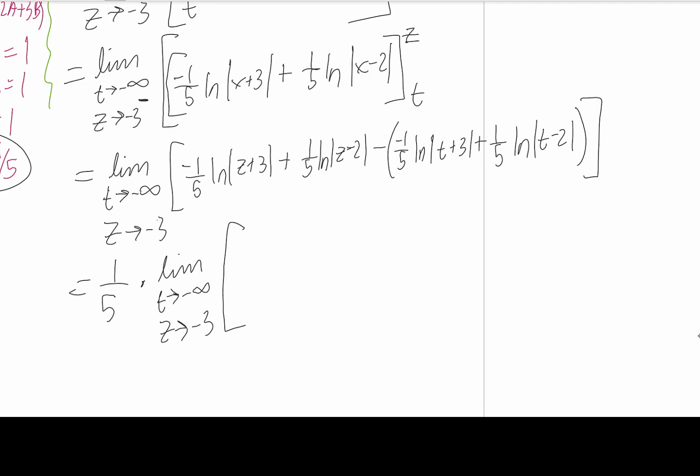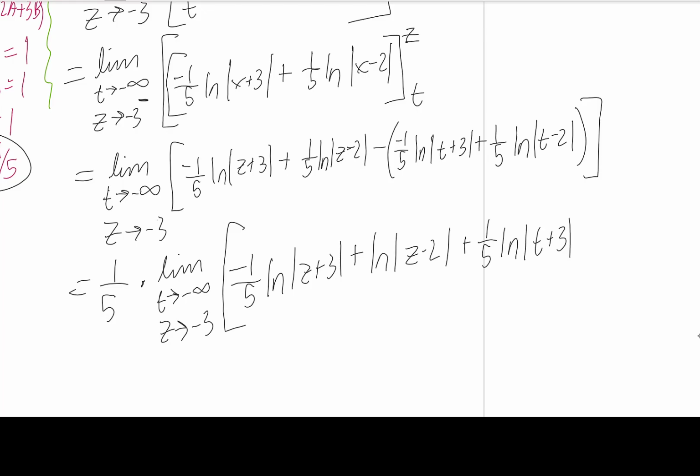That's that negative 1/5. We only factored out 1/5, not negative 1/5. Negative ln absolute value z plus 3 plus ln absolute value z minus 2. So now I'm going to distribute my negative, so we'll have plus ln absolute value t plus 3 minus ln absolute value t minus 2.